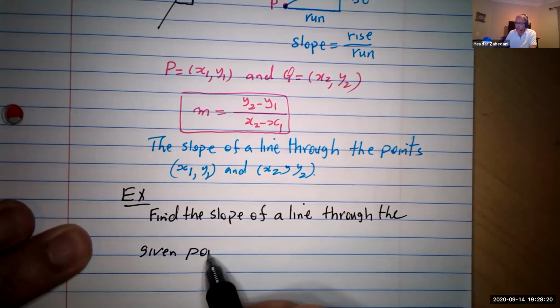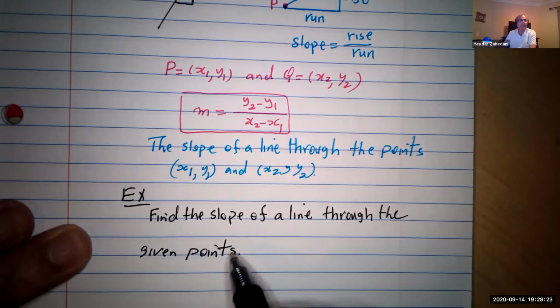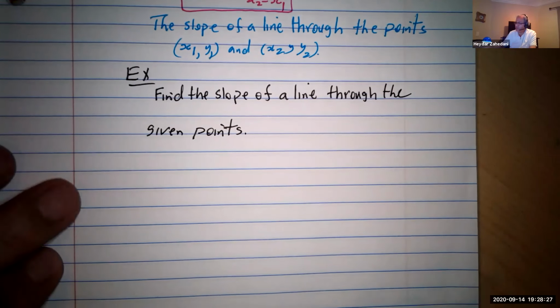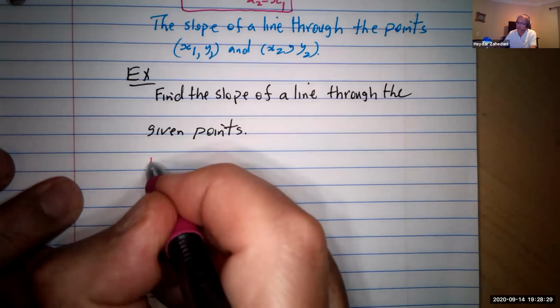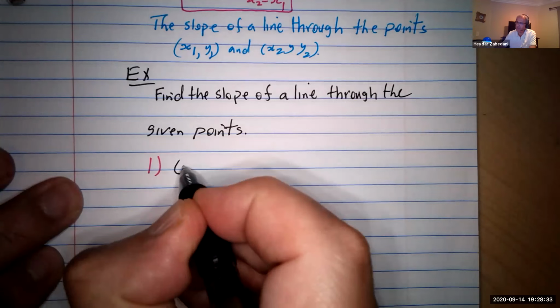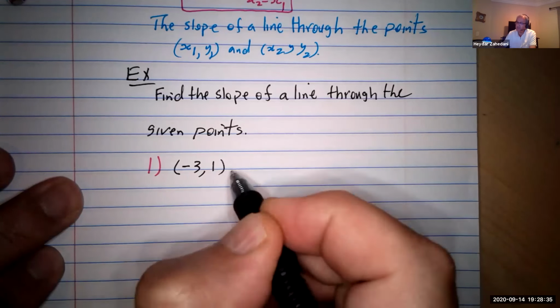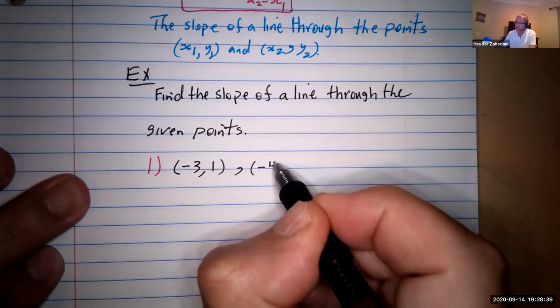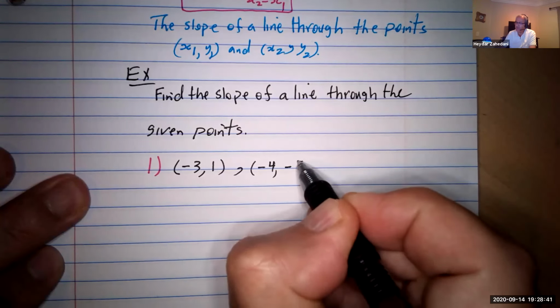There are three possibilities. The first one is the ordinary one: -3, 1 and the other point is -4, -5.